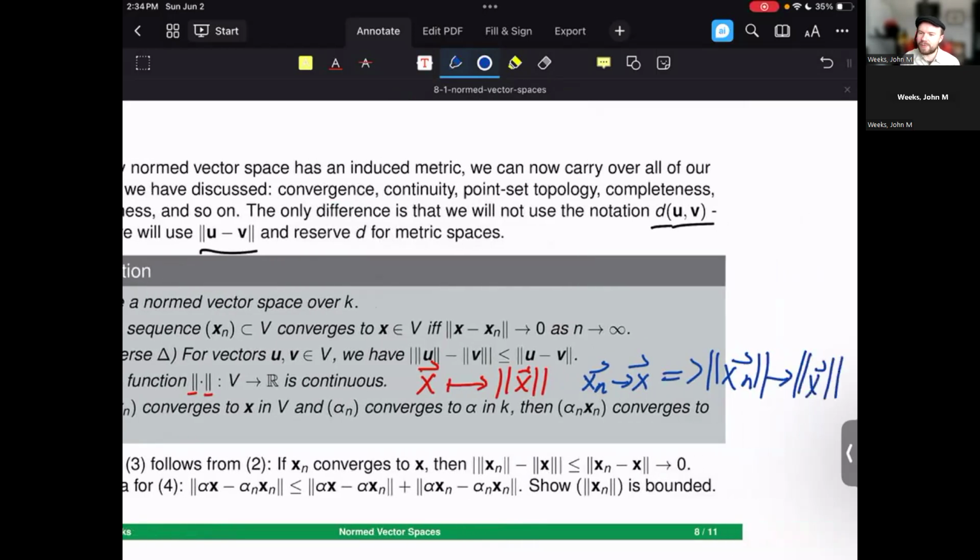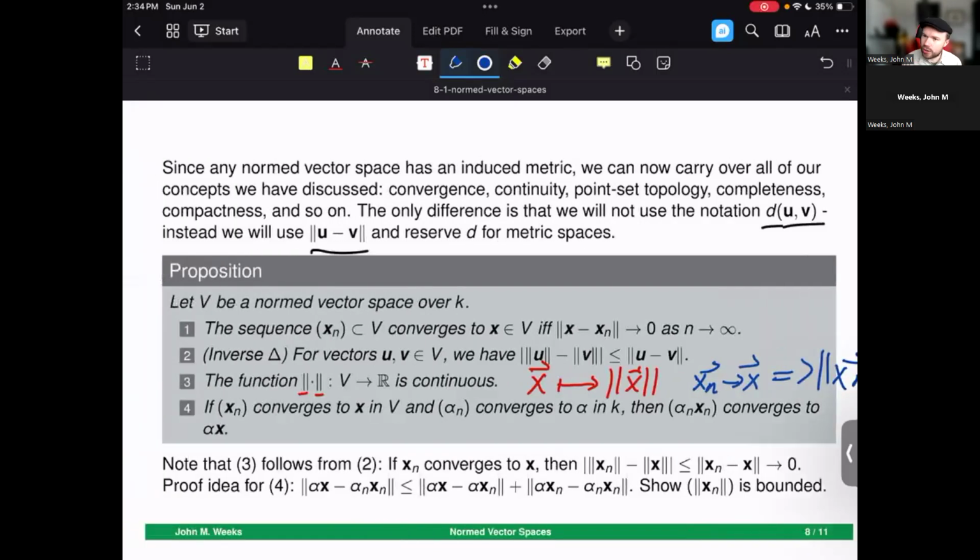So when I gave that rather vague description of how I think of the norm as a continuous variation, what I mean is that if these vectors converge to another point continuously inside of a space, then so do their norms. So they also converge in norm. So this is essentially what's going on.